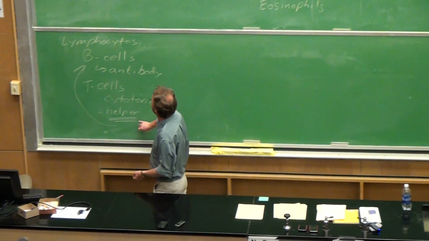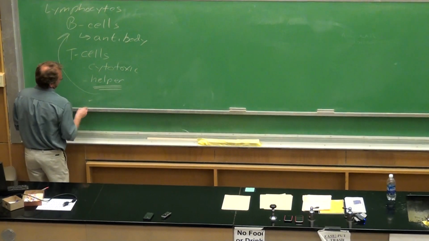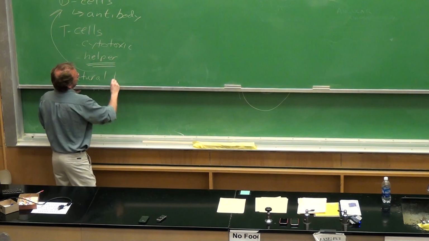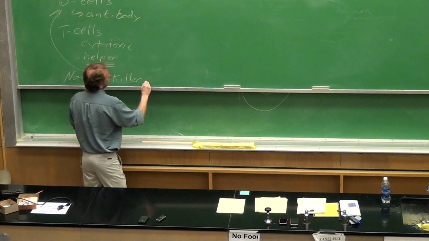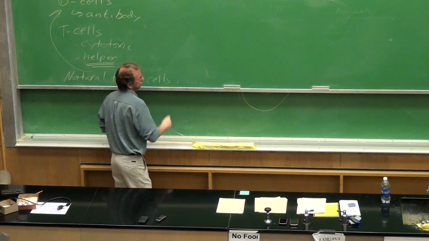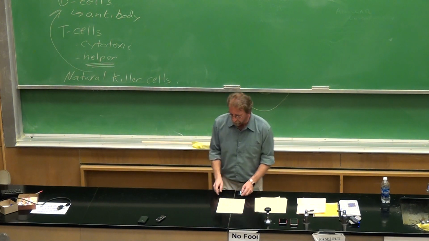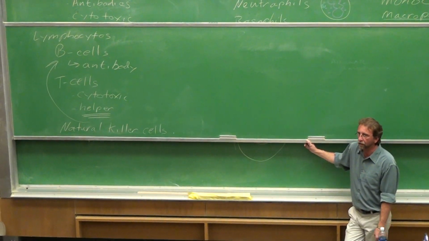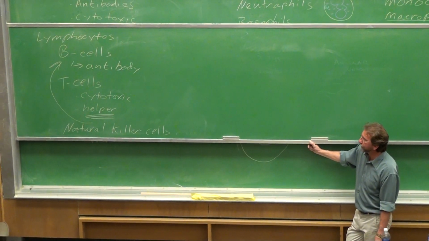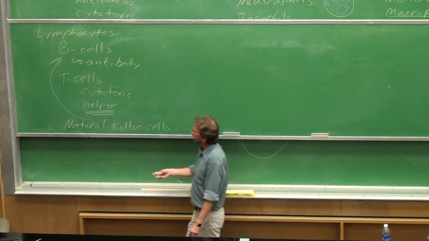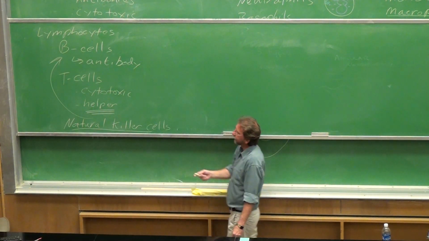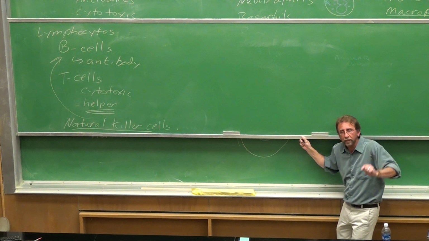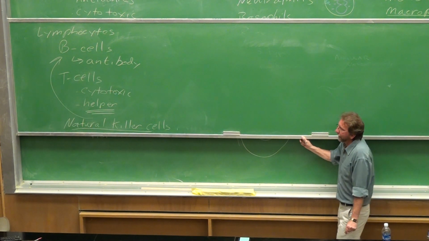One other type of lymphocyte, natural killer cells. Natural killer cells seek out and destroy cells that are abnormal. So again, cancerous cells or cells that have been invaded. These guys, and we'll talk more about this, rely on what is called antibody-dependent cellular cytotoxicity, meaning that they're only going to target cells that have been bound by antibodies.